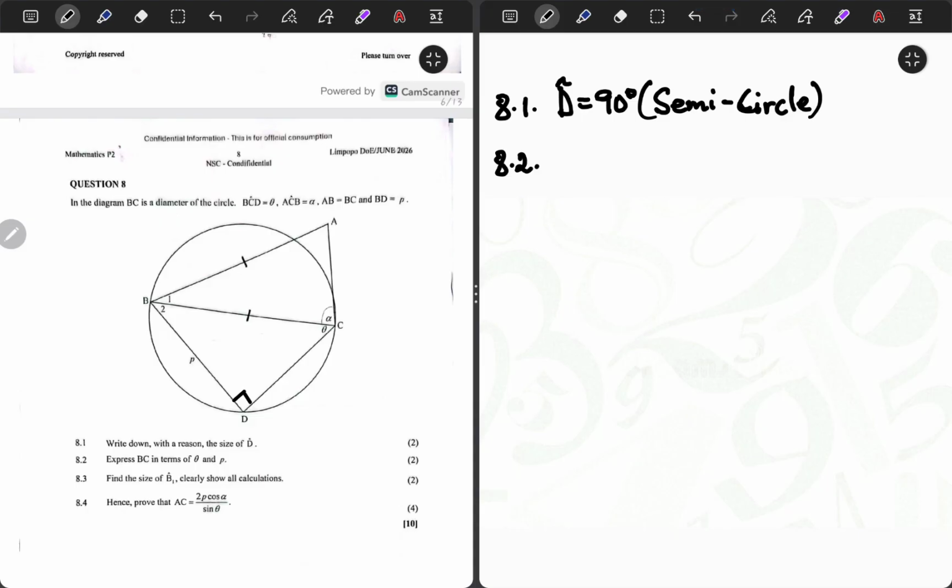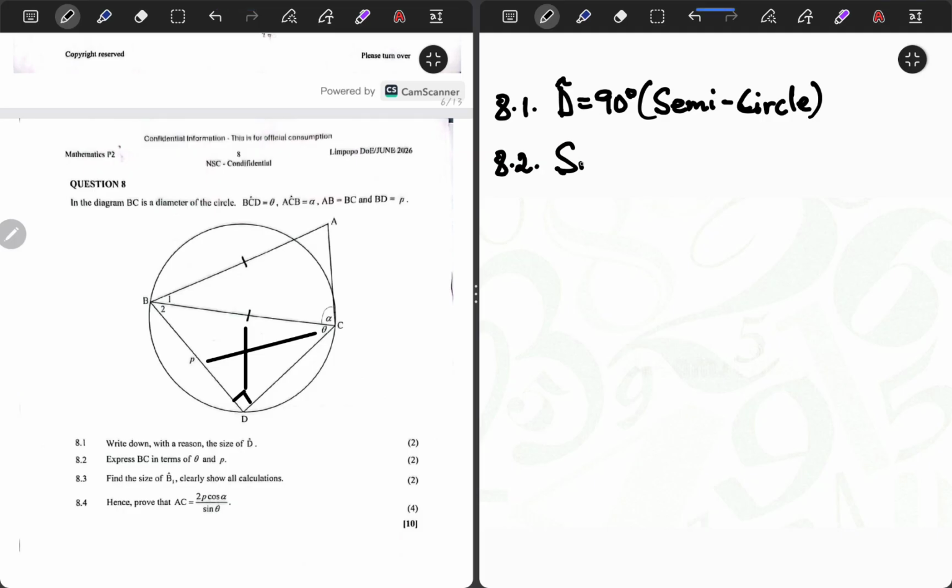So 8.2, they say we should express BC in terms of theta and P. So you are just standing here. This is your opposite over hypotenuse. We're going to use sine theta.